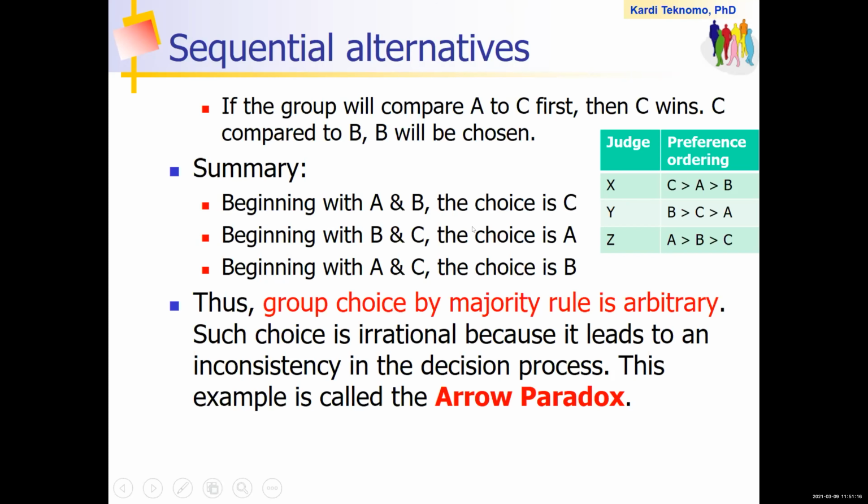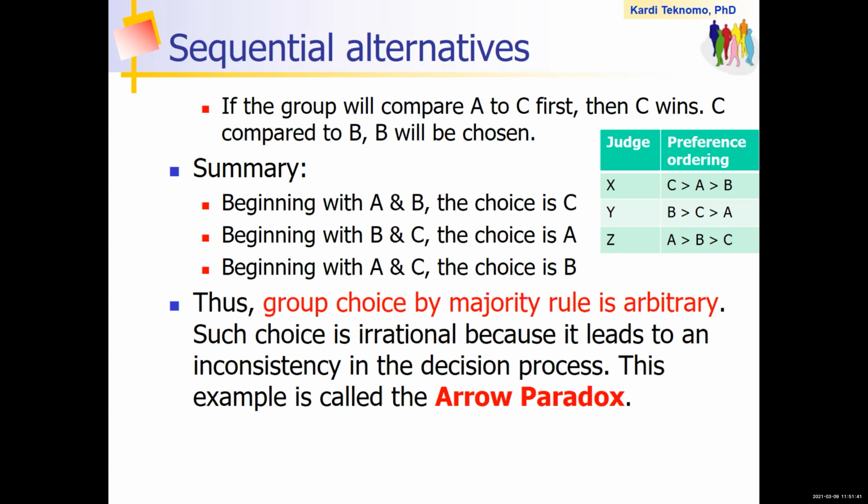So in summary, if in the beginning you choose A and B, then the choice will be C. If in the beginning you compare B and C, the choice will be A. So the group choice by majority rule is actually arbitrary.